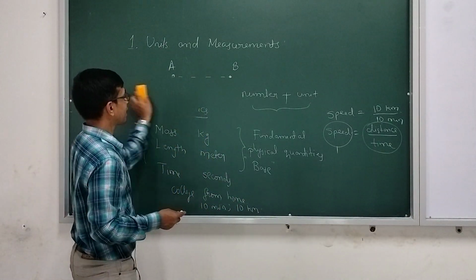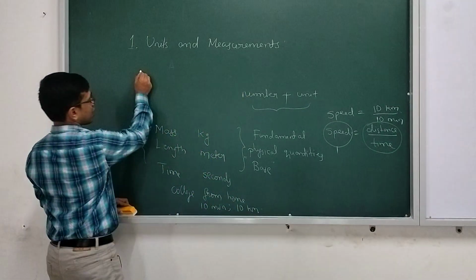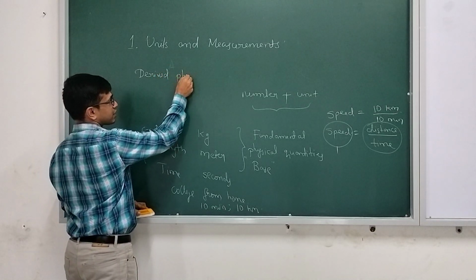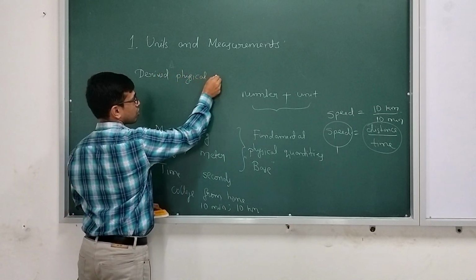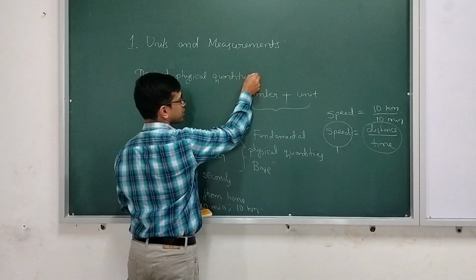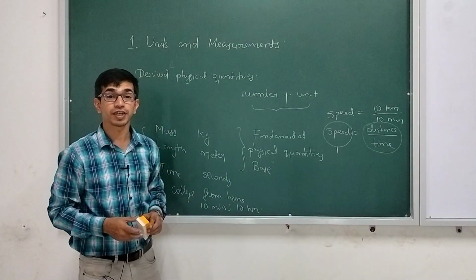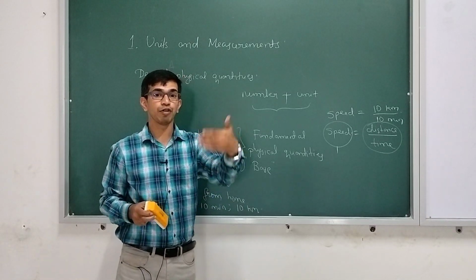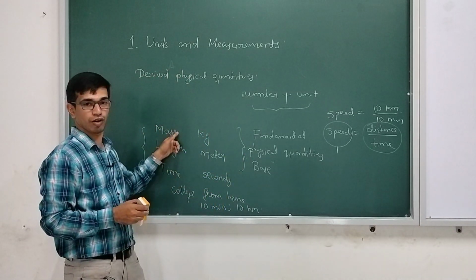Therefore, we can represent speed as a derived physical quantity. Derived physical quantities are the physical quantities which are derived from the fundamental physical quantities.